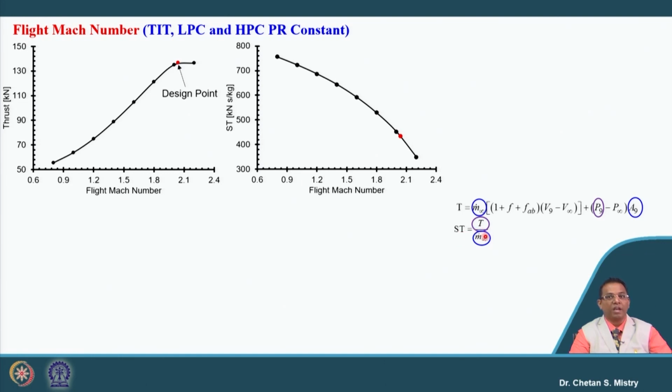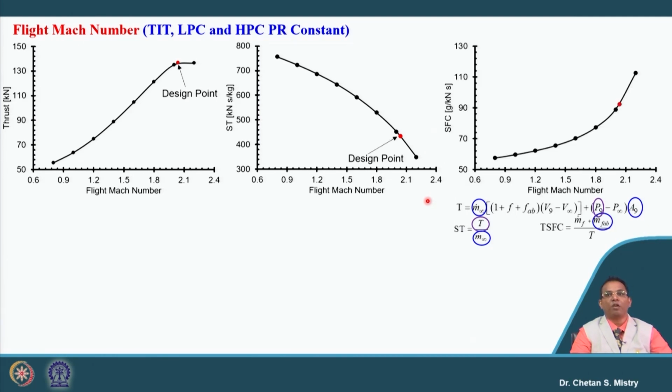Since our velocity is increasing, because my flying Mach number is increasing, my specific thrust is going to be reduced. My density, my pressure, my temperature and my velocity all are changing. That's the reason the specific thrust decreases with the increase of flight Mach number.